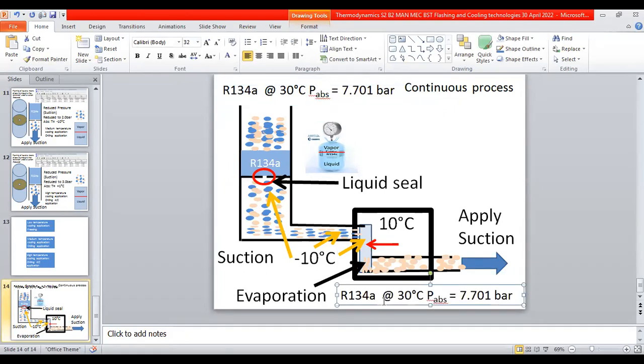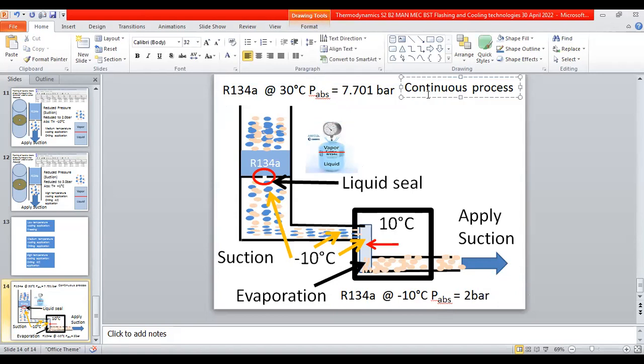This side at -10, two bar. Okay, two bar. Very nice. So this is 7 bar.